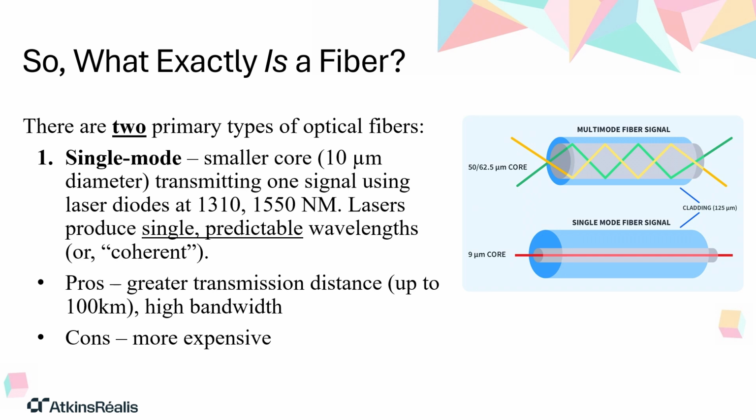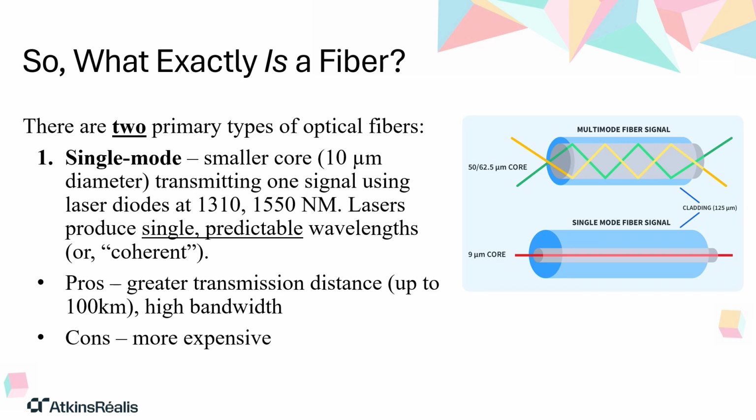So it's really important to remember two things here. Each single mode fiber uses laser diodes, traditionally at about 1310 and 1550 nanometers, and that laser produces a single predictable wavelength. This is known as coherent. So when you think single mode, think one.